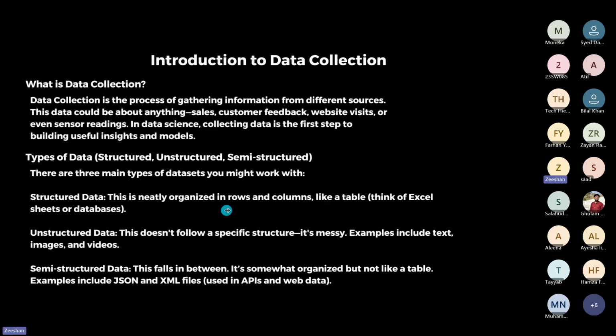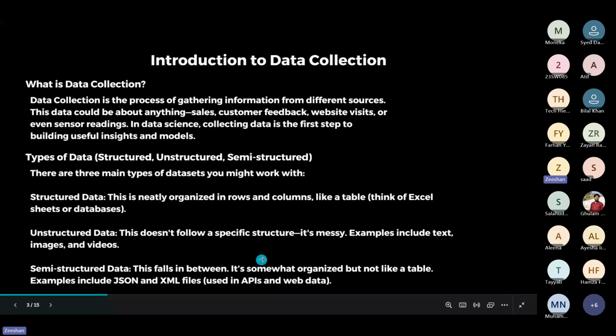When you are talking about semi-structured data, you will mainly encounter it whenever you are doing web scraping, or mainly when you are calling APIs. Those who don't know what an API is, API is application programming interface.